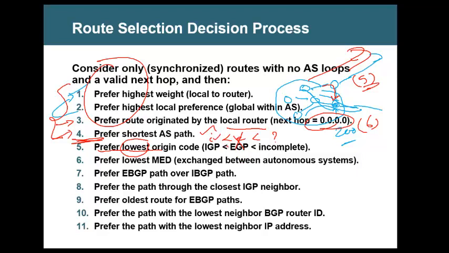Incomplete, question mark, means introduced via redistribution. So let's say K is providing I for a destination, and for the same destination L is providing question mark. Your autonomous system will decide to go via K because K is smaller. K has I, which is smaller than question mark, lowest origin code.